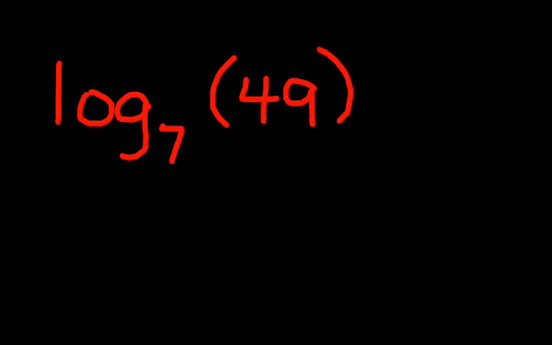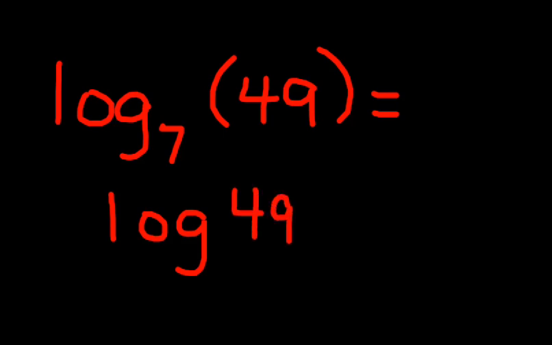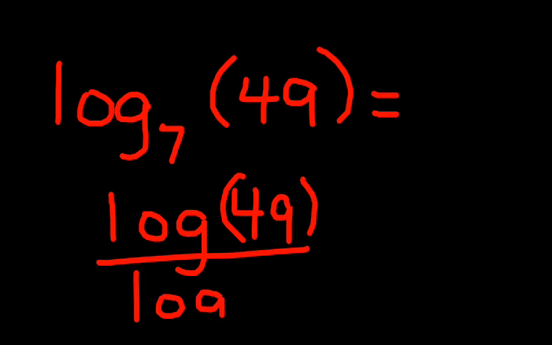If we were going to do the log base 7 of 49, we might know what that answer is already because 7 to the second power is 49, but we can certainly find that with the change of base formula by saying the log of 49 divided by the log of 7.